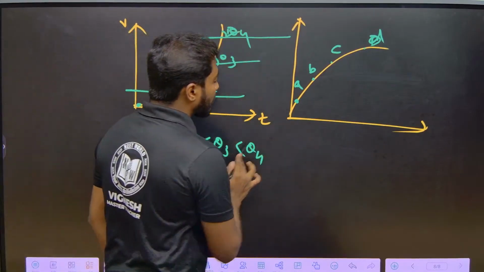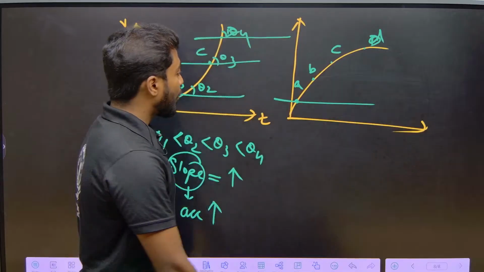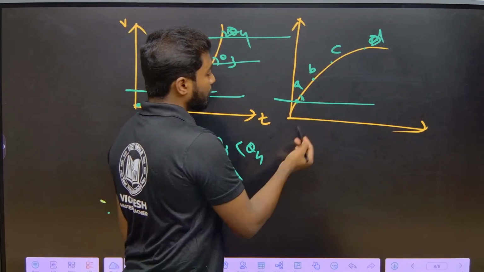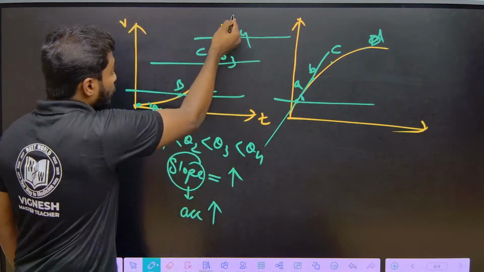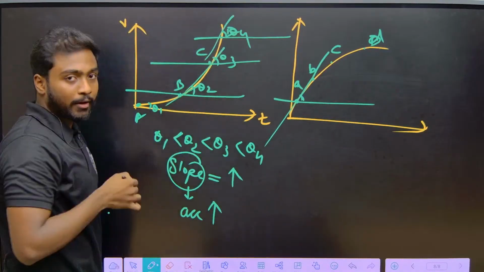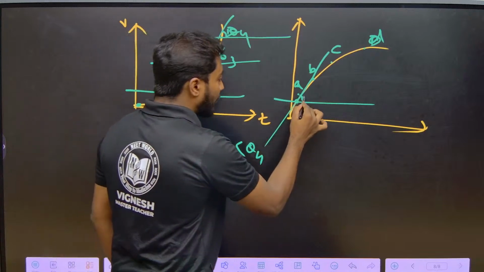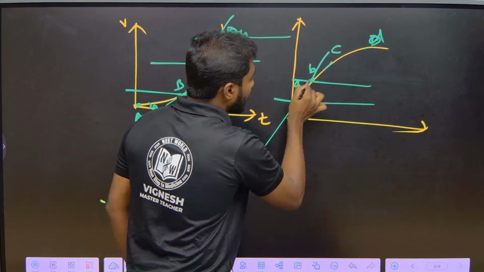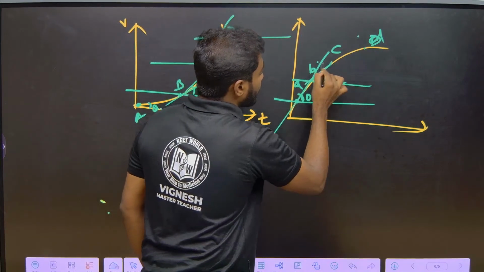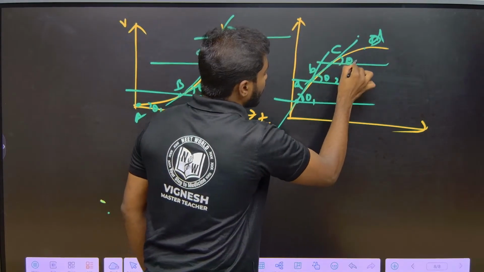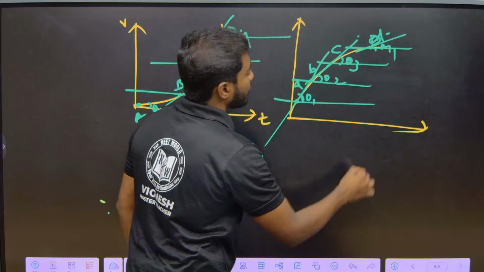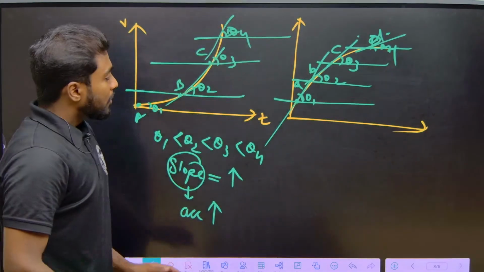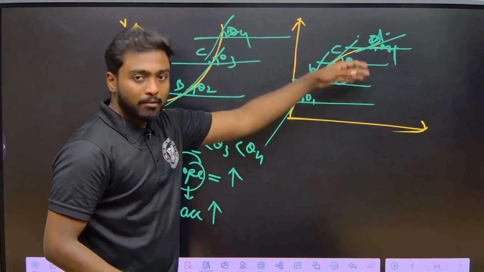If I talk about this graph, take a horizontal line, but first I need to draw tangents. Here also I need to draw tangents. Don't forget it, draw tangents, okay? Draw tangent, theta 1, this one, theta 2, this one, theta 3, this one, theta 4, right? So when I see here, the thetas are decreasing.